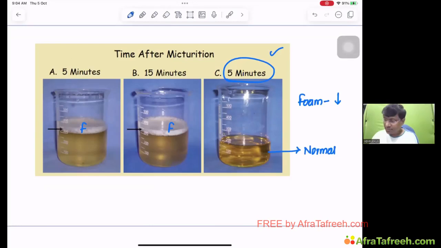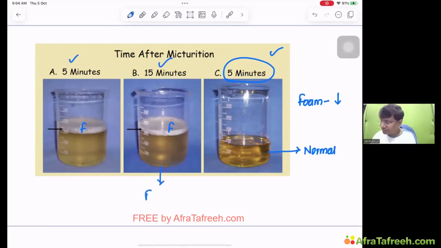Whereas even after 5 minutes, even after 15 minutes, if there is still presence of foam within the flask, that is suggestive of proteinuria.